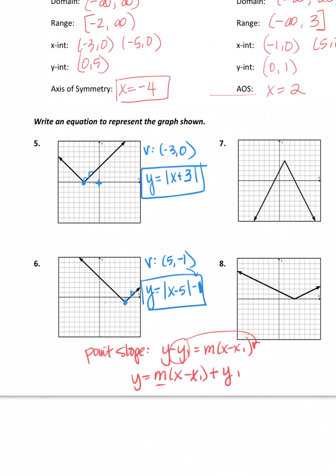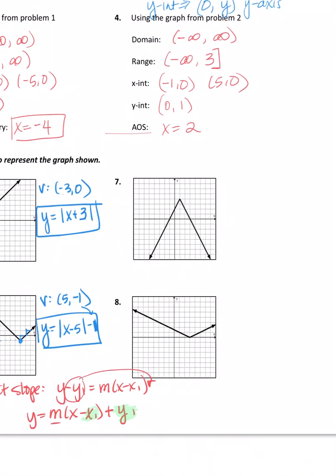The x minus x1 is what we're putting in the absolute value bars. What you need to catch here is that this x1 and this y1 are from my vertex. Notice it's opposite logic in the parentheses, and it's exactly what the y1 value is over here on the back end. So it's this point-slope model that we use on each of these.